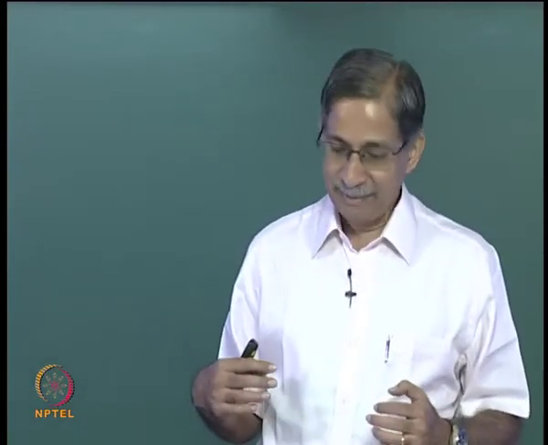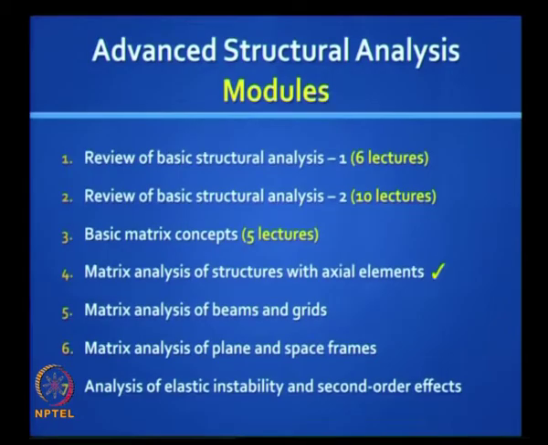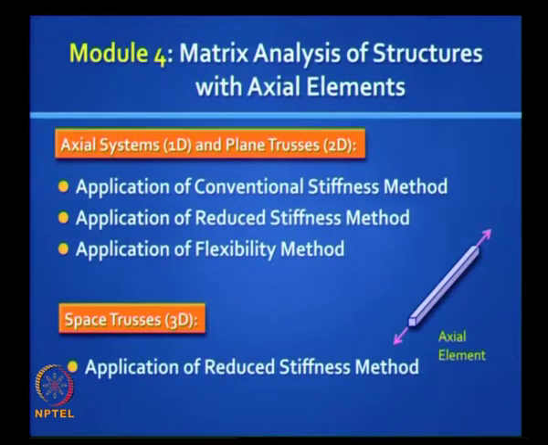We will begin with the first level, the easiest, matrix analysis of structures with axial elements. Now axial elements can go into 1D structures, 2D structures and 3D structures. In 1D structures and 2D structures, we will demonstrate application of the conventional stiffness method, the reduced stiffness method and the flexibility method.